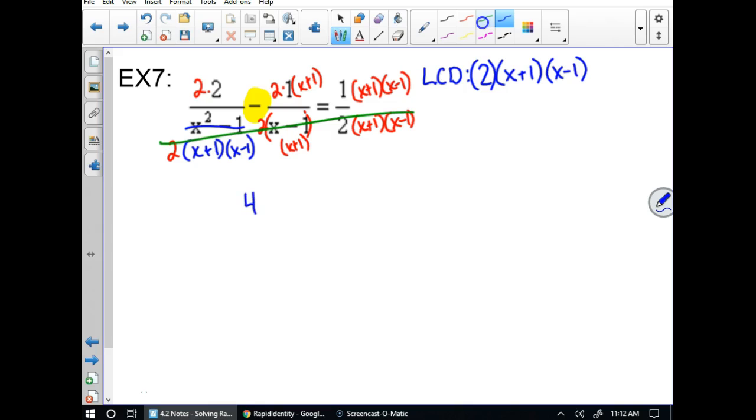Right here, this is where everybody messes up. Okay, you have a minus sign there. I would go ahead and write it. 2 times 1 is 2, so 2 times x plus 1. If you don't write it like that, if you try to distribute, your signs are going to be wrong. And then over here, I've got 1, which I don't really have to write, times x plus 1 times x minus 1.